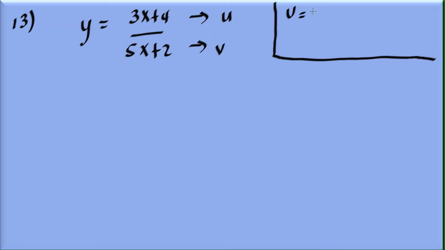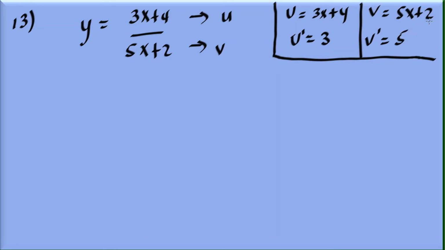So on the side, you can go ahead and organize those u, which is 3x plus 4, and then u prime is 3, derivative of u, okay? And v is 5x plus 2, v prime will be 5, right? Derivative of 2 is 0.